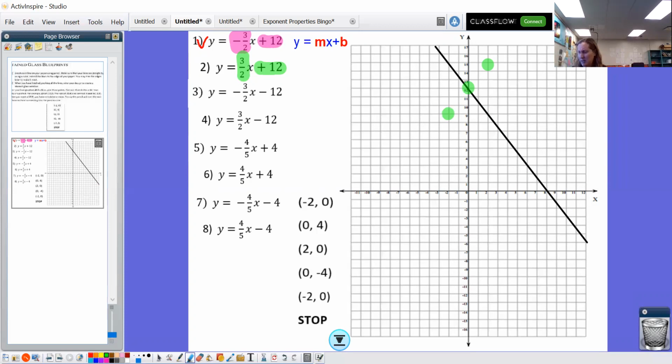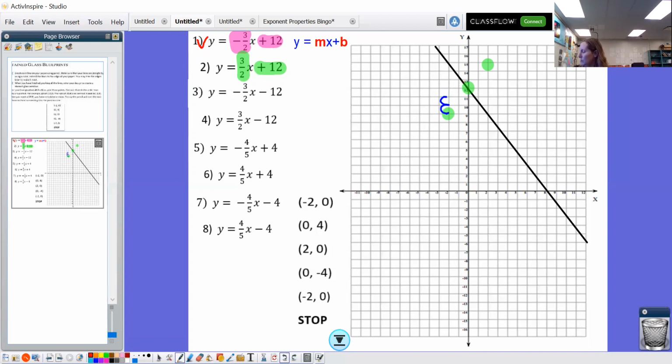Did I do that correctly? Let's check, working from right to left, that my slope is still correct. Going from this point to that point, I'm going up 3 units, and then to the right 2 units. That checks out, so that does work.